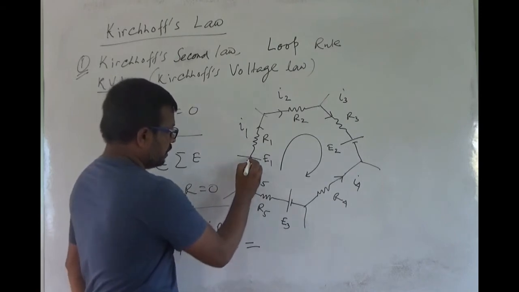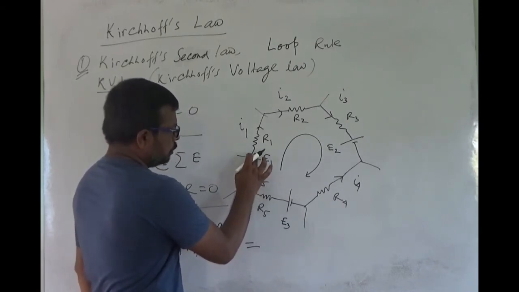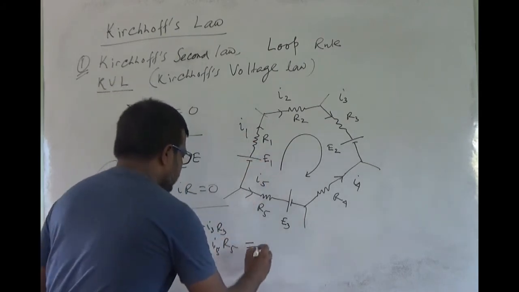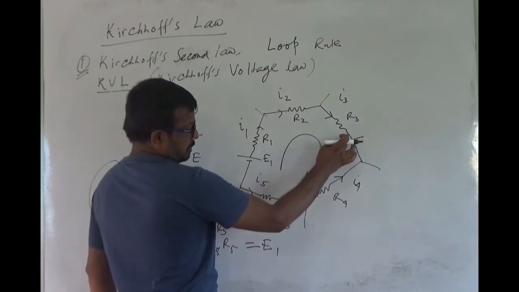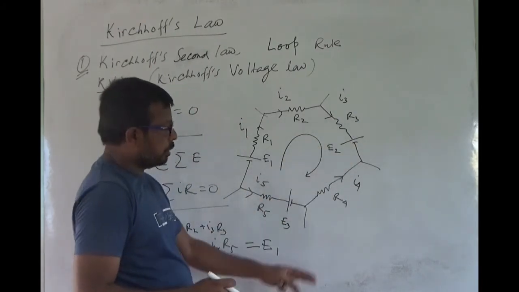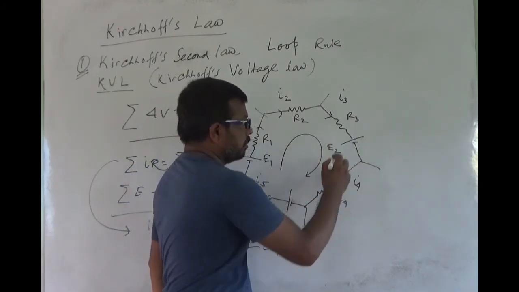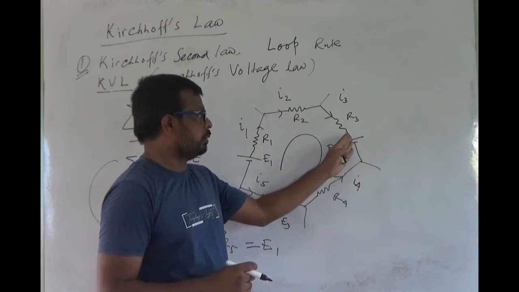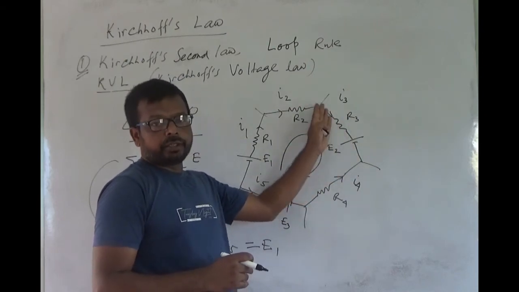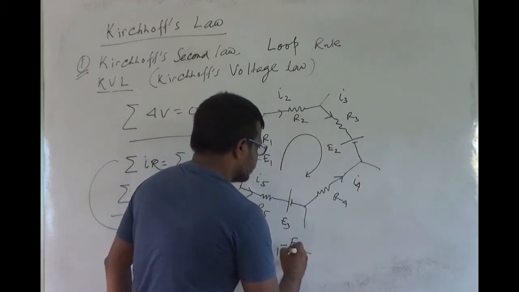See here, this is the positive side, therefore the current from this cell will be in this direction, which is positive, therefore we write this as positive. But from this cell, the positive terminal is this, therefore current will be flowing through this side. Therefore, this will be taken as negative.